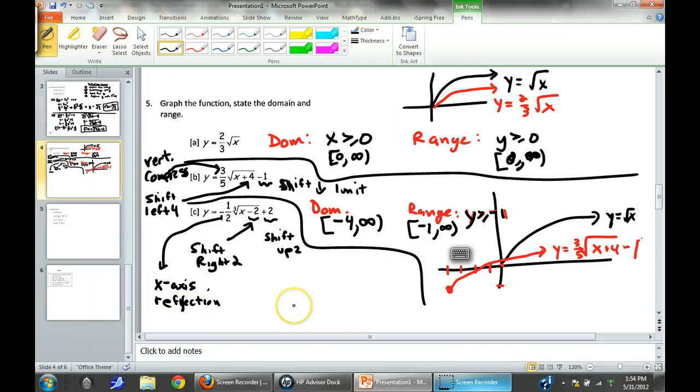Anyway, yeah. And the half does the same kind of thing as before, a vertical compression.